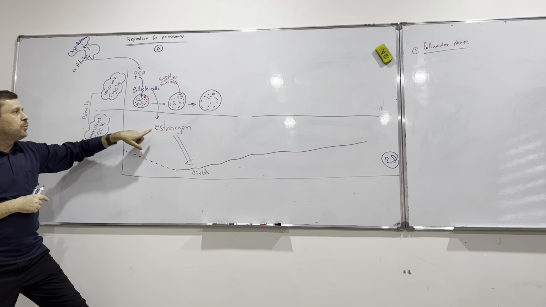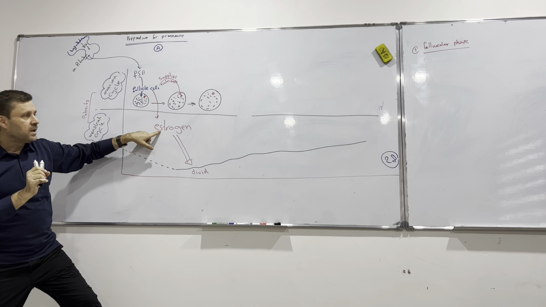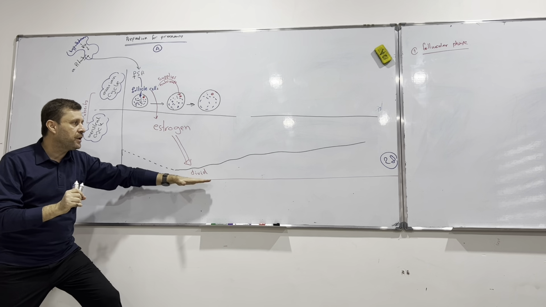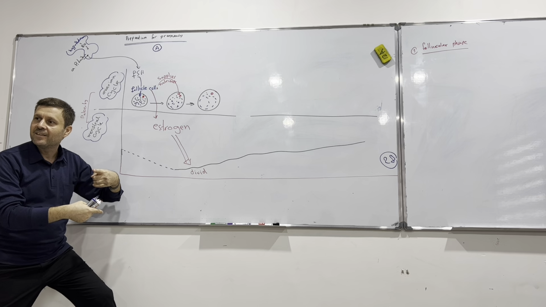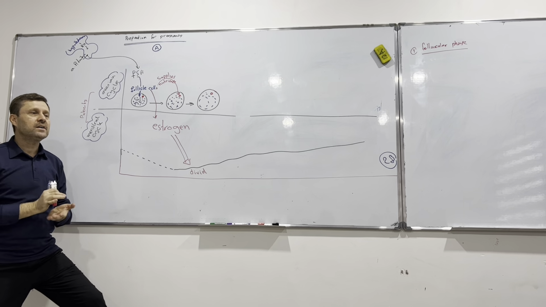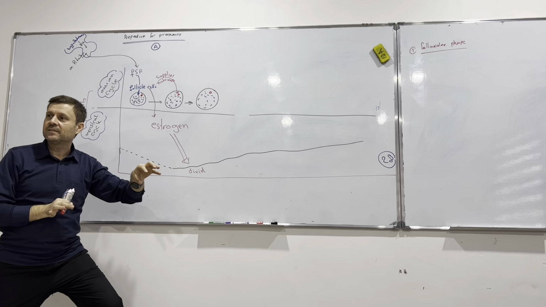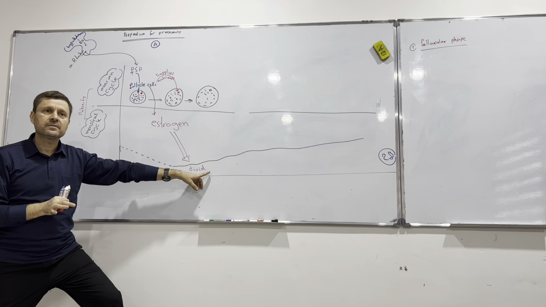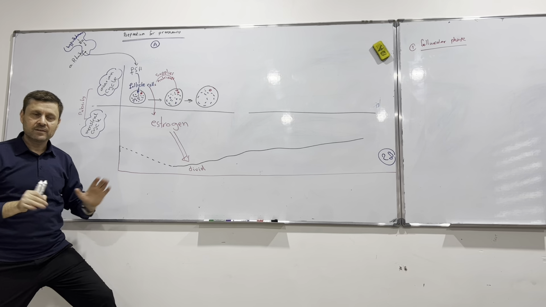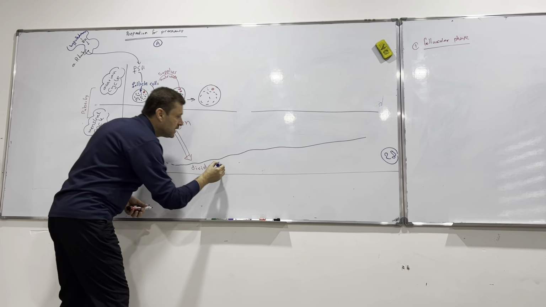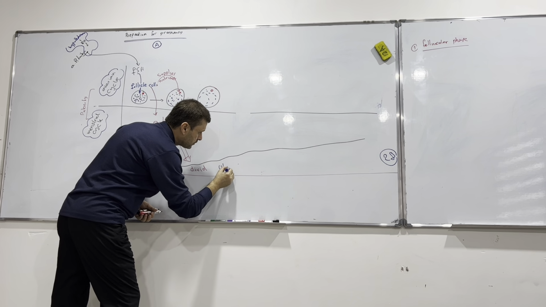FSH. Which hormones cause the cells in the lining of the uterus to divide? Estrogen, right? Or which hormone has a direct effect on the uterus lining? Estrogen.